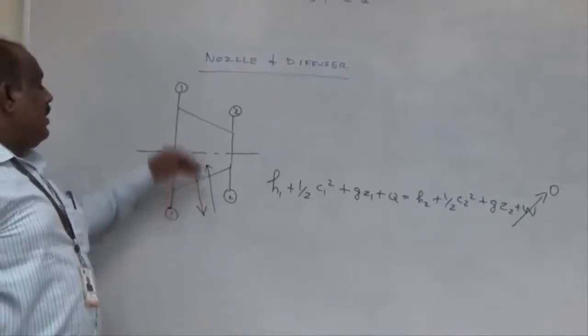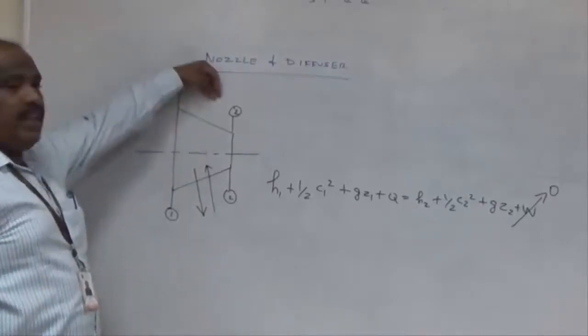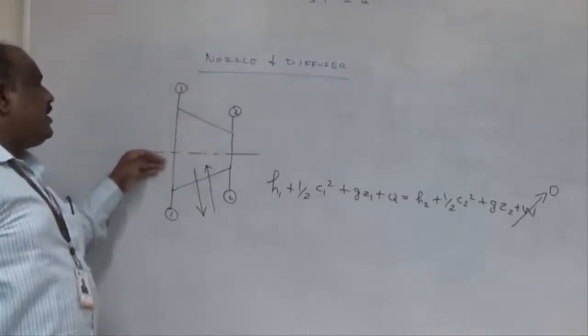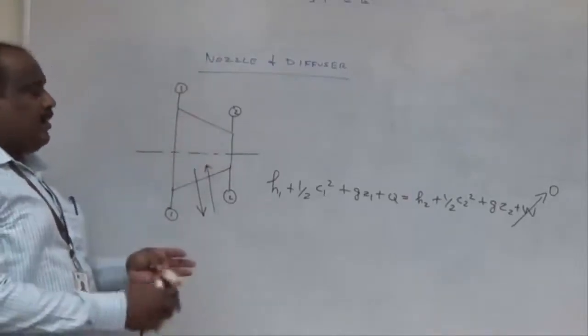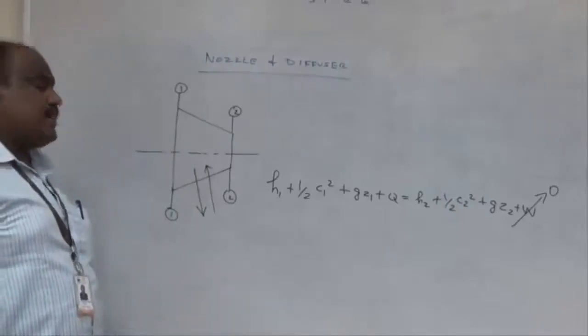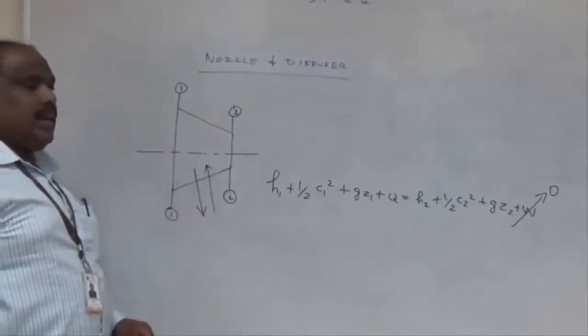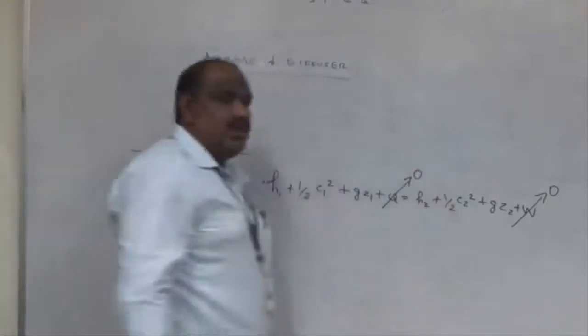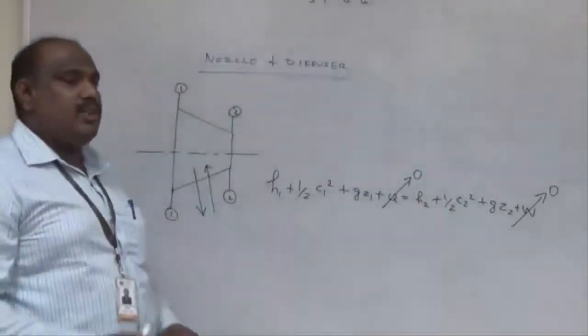But definitely there will be change in h1 and h2; the heat will be converted into some other form of energy. That is actually applicable, but we assume that there is no heat loss. Here the Q indicates heat loss to the surroundings, or heat gain from the surroundings because of the temperature condition.